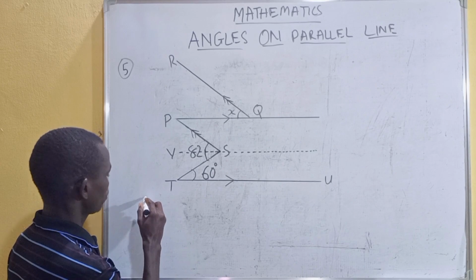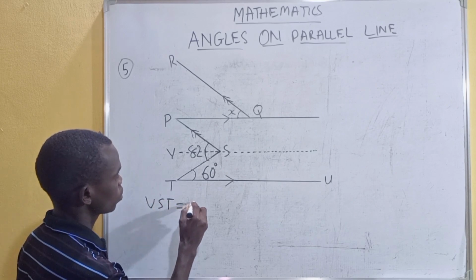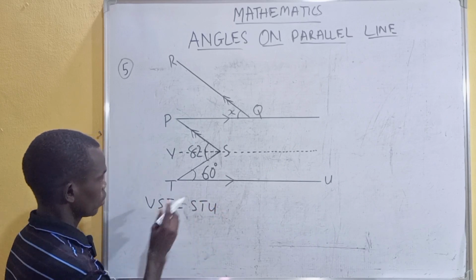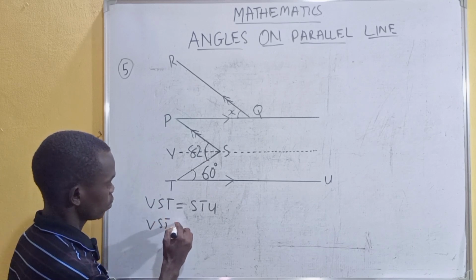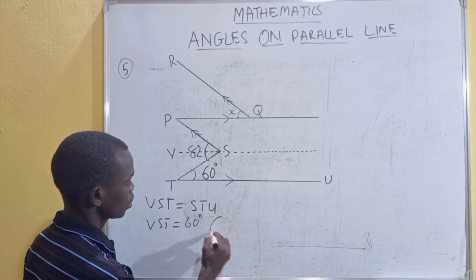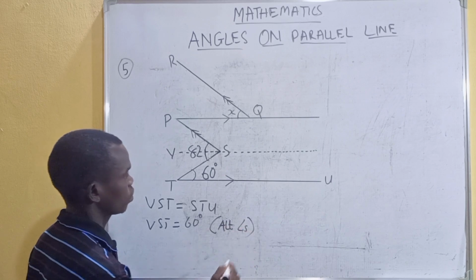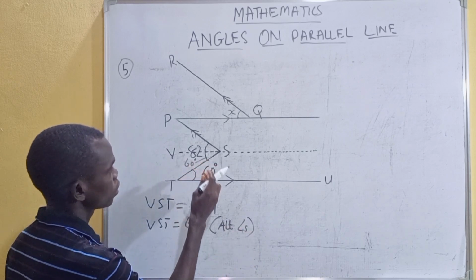Therefore, we have VST is equal to STU. So VST will now be equal to 60 degrees. Alternate angles. So here will be 60 degrees.